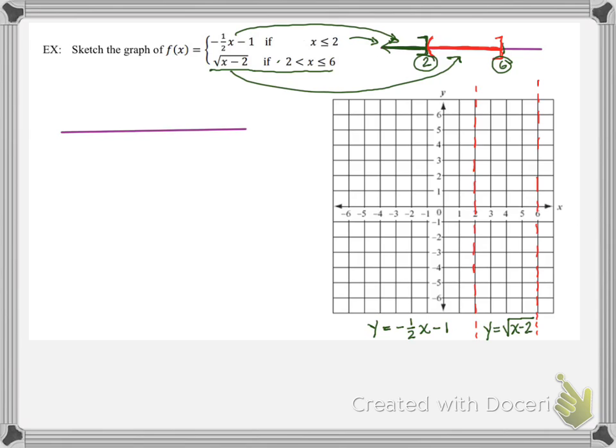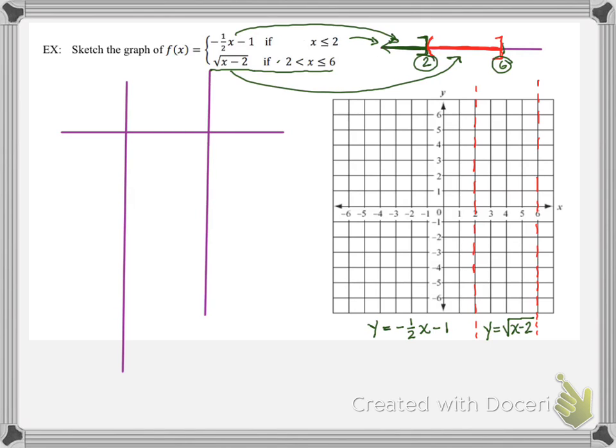I usually do 3 columns. You're going to list your x values in the first column, your first rule in the second column, and your second rule in the third column.